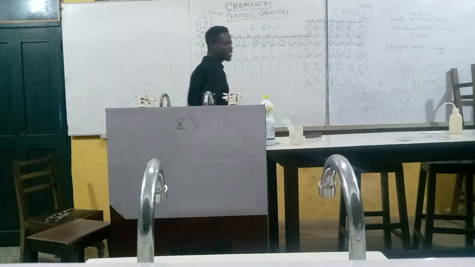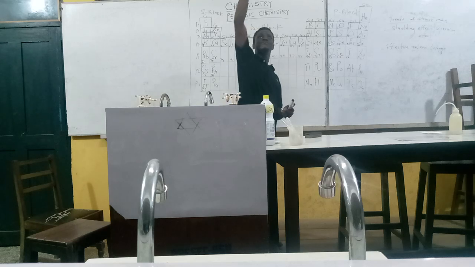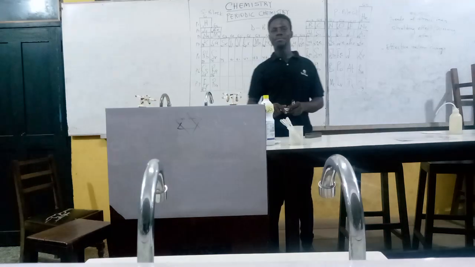Now when I'm moving down the group, from top to bottom of the periodic table, look at what happens to the atomic size. Let's take lithium, for instance. This is my nucleus.